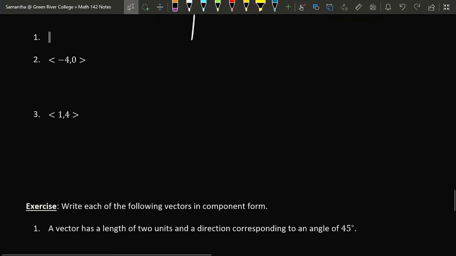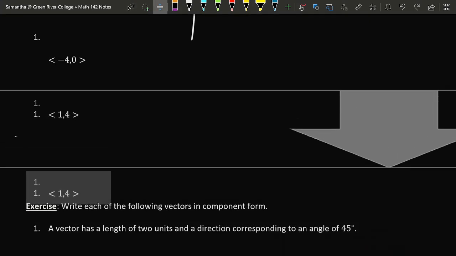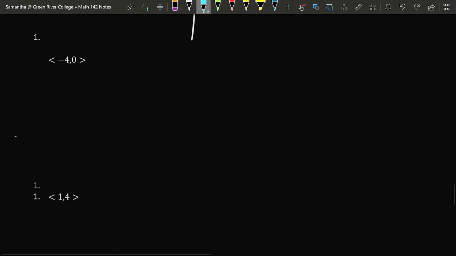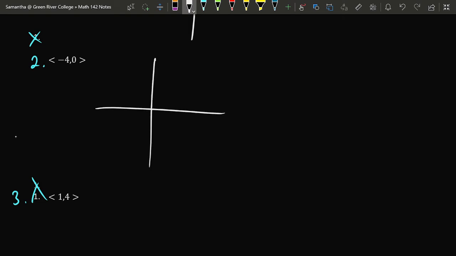Likewise, if I wanted to draw -4 comma 0, I would draw the xy axes, and I would start by positioning the tail of the arrow at the origin as per tradition, and then I would draw the arrow so that its arrowhead was located at the point -4, 0.